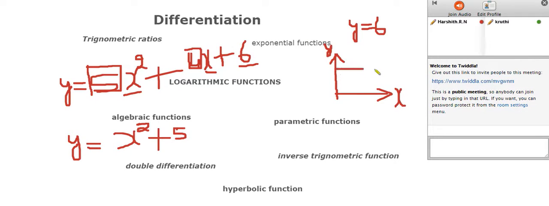It means this is the graph. Do you agree with this? Yes, sir. So when you differentiate this, what happened? We differentiate to find the slope of the quantity. If there is no slope, it means there is no amount of bending. There is no bending at all. So the differentiation of a constant always leads you to 0.